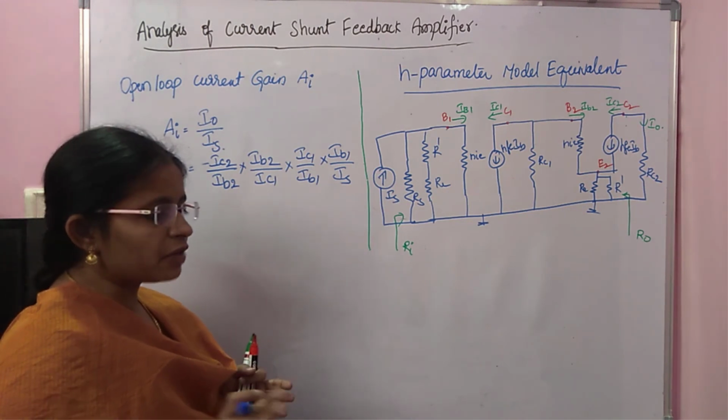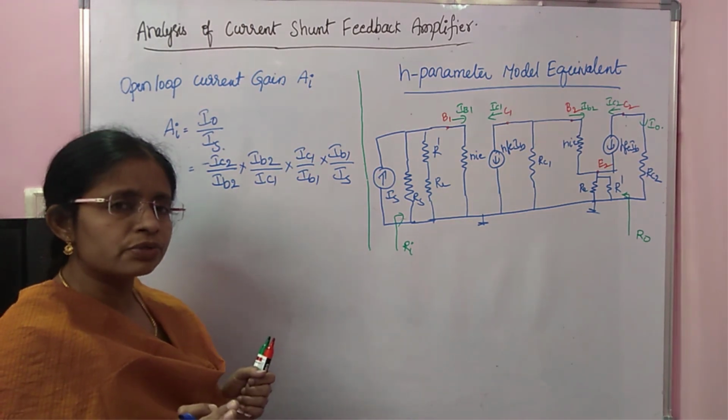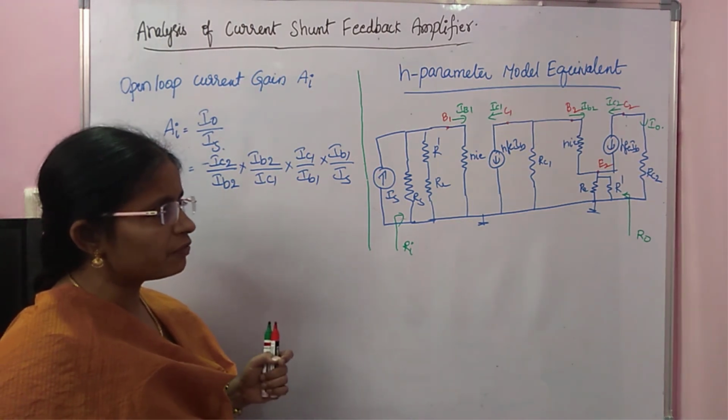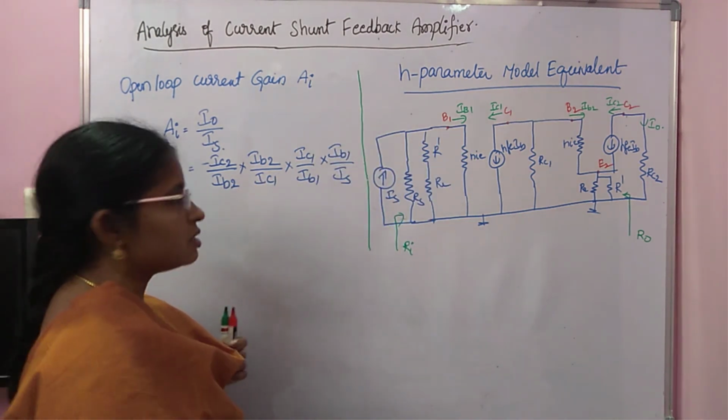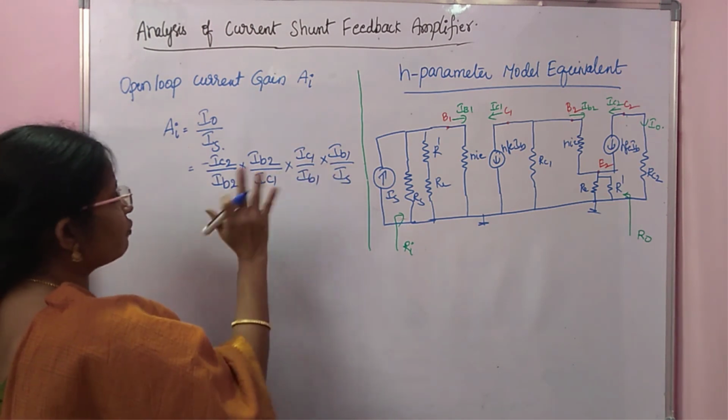This is the way of calculating current gain for a two-stage amplifier. For any two-stage amplifier, this is the procedure: you must start from the back and move towards the front. So this is the way of finding AI.